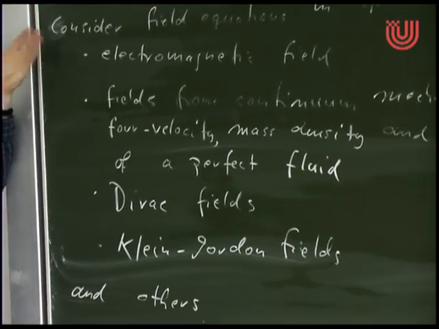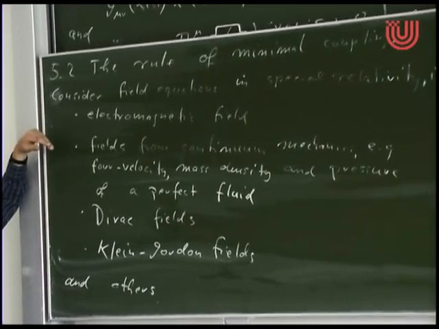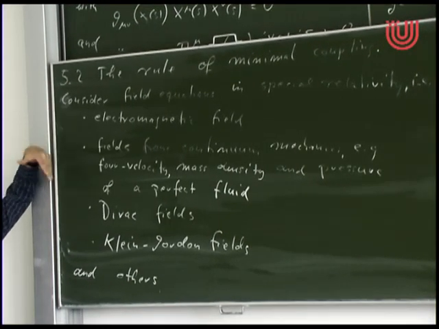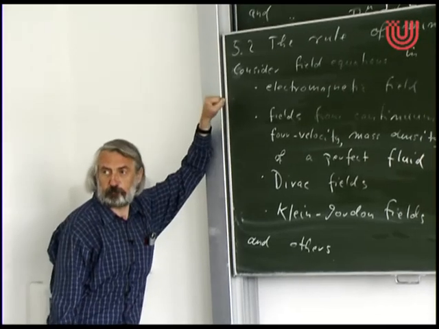And the question is, in which way do these equations carry over to general relativity? Is there a rule how we can write the general relativistic equations if we know the special relativistic equations? And the guiding principle, of course, is the equivalence principle. But the equivalence principle doesn't fix the general relativistic equations uniquely.